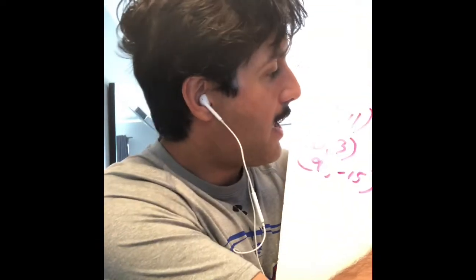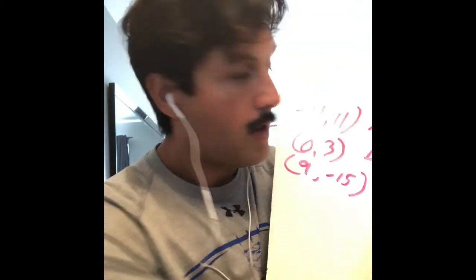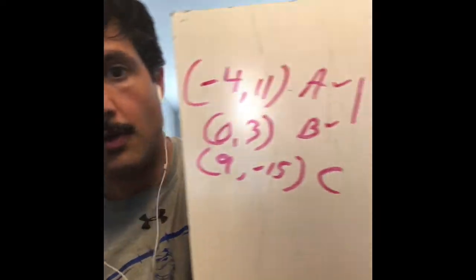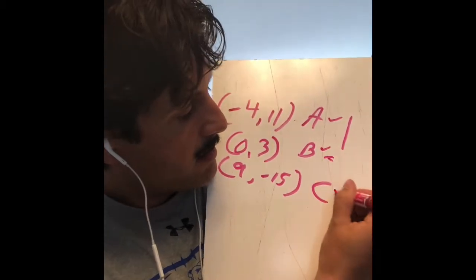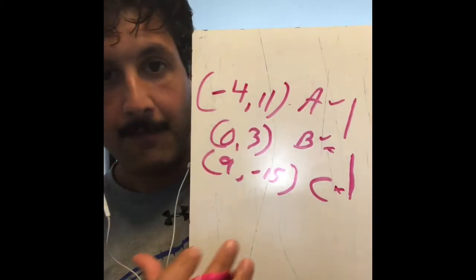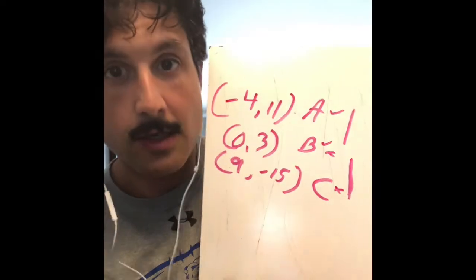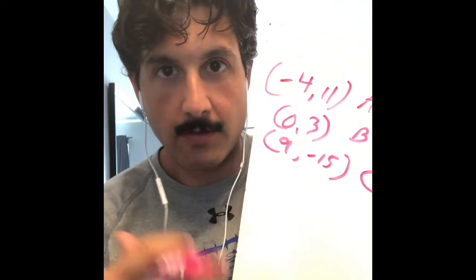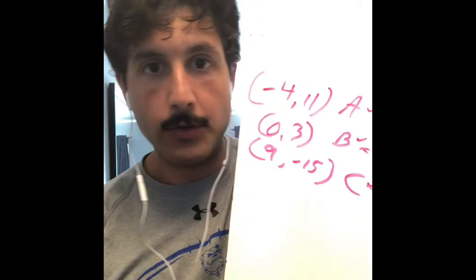So I'm going to do A and B and connect those two. And once I've connected those two, if I can do B and C and connect those two, and if they both have the same slope, then A and C will have the same slope. So I've basically connected them all. But first, we'll do A and B.